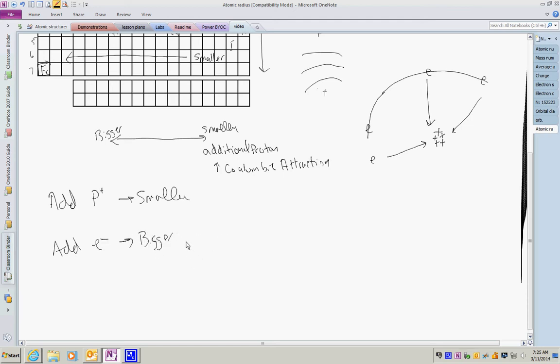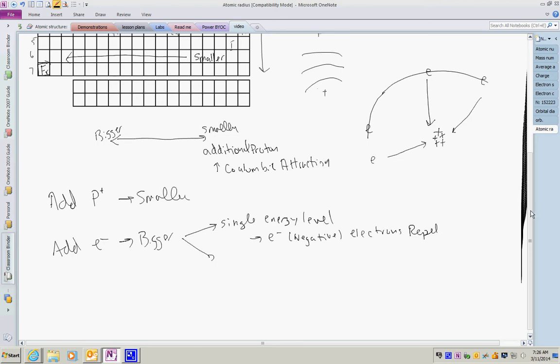Now, there's two things that can happen when you add electrons. You can add electrons to a single energy level. In this case, electrons, the fact that they are negative, based on Coulomb's law, negatives repel, electrons will repel.